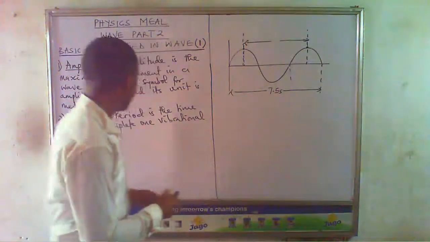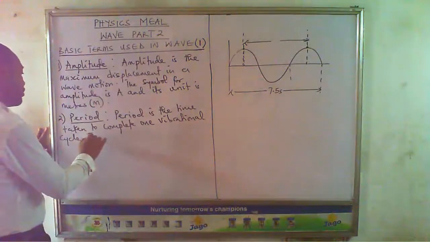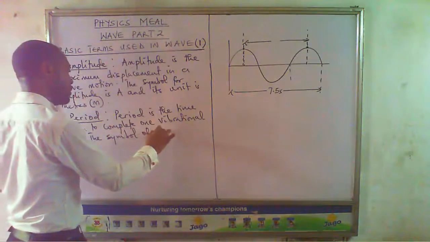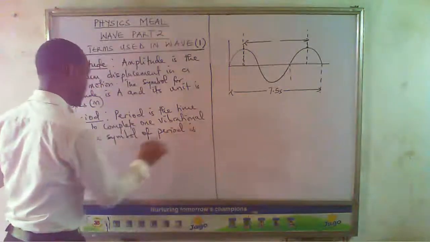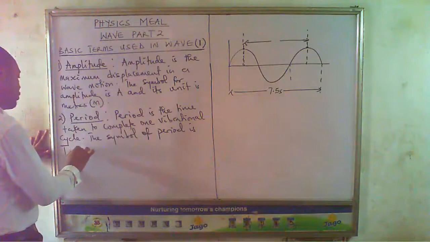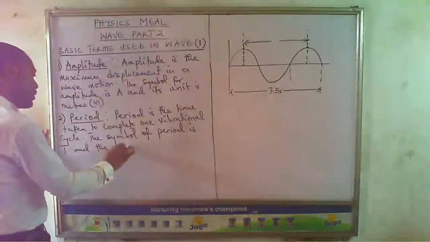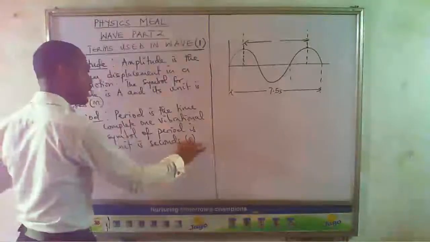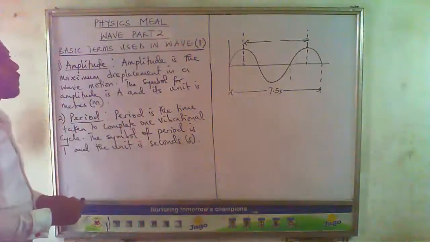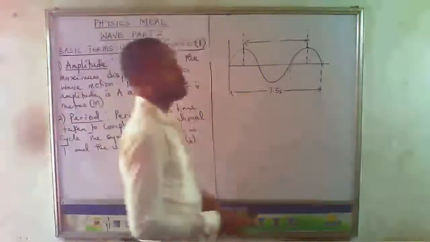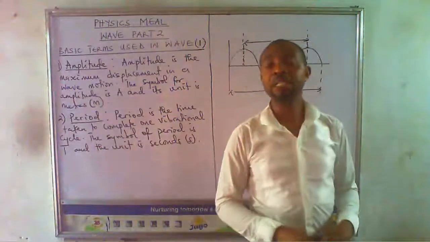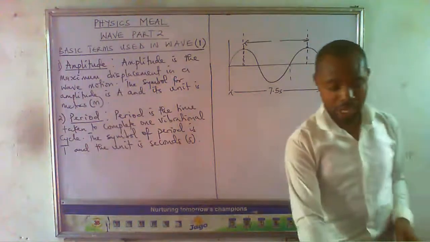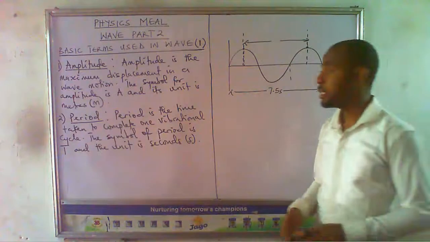All right, let's move further. The symbol of period is capital T, and the unit is seconds. The SI unit, seconds. Now, if we have many cycles completed in a certain time, we can also generate an expression that will enable us calculate period.